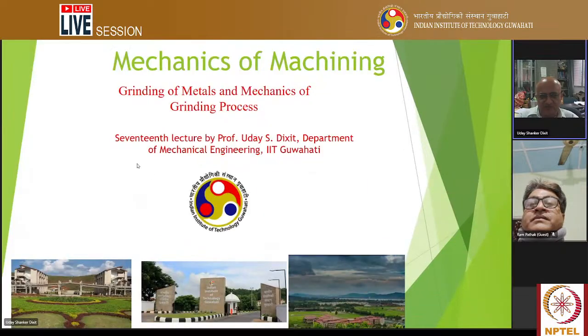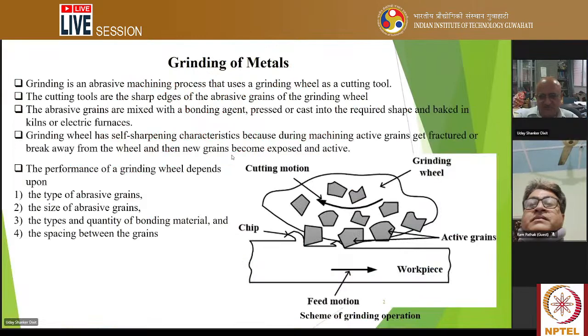Grinding is a very interesting topic, and even in MC Shaw's book it is nicely explained, and it is also explained in GK Lal's book. It has been very nicely explained. In other books it is not that much explained, because GK Lal did, I think, a PhD also in the same area, grinding. So grinding is the process.